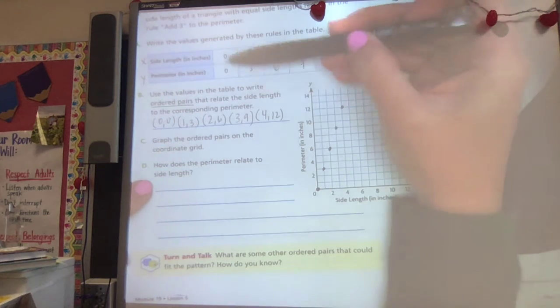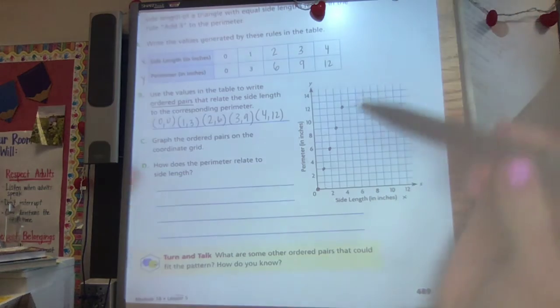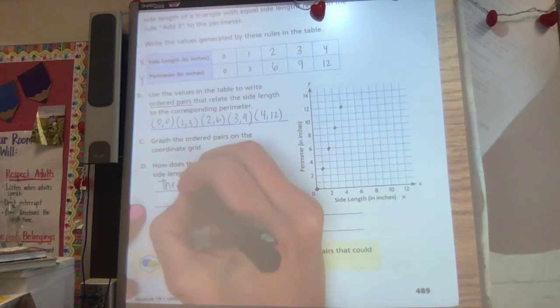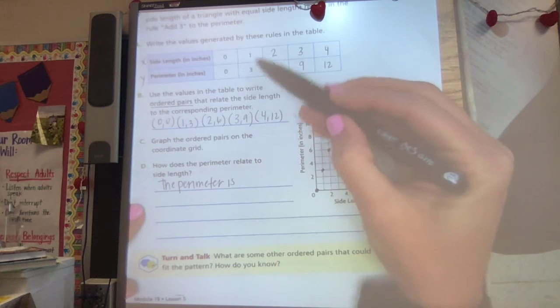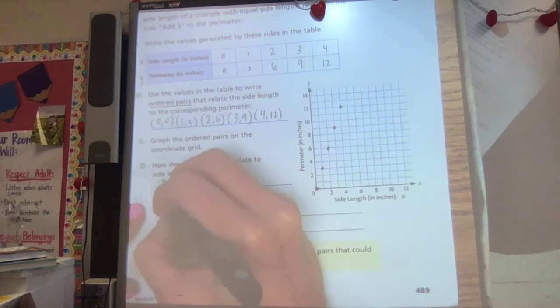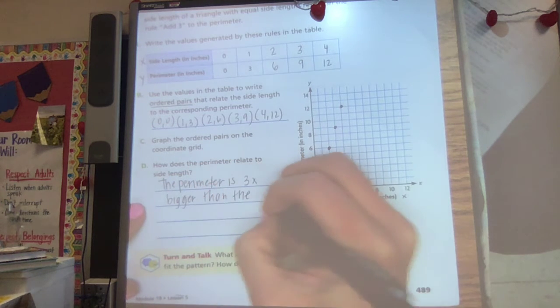Okay? Now, how does the perimeter relate to the side? How does the perimeter relate to the side? As you can see here, the perimeter is 3 times as much as the side. 3 times bigger than the side.